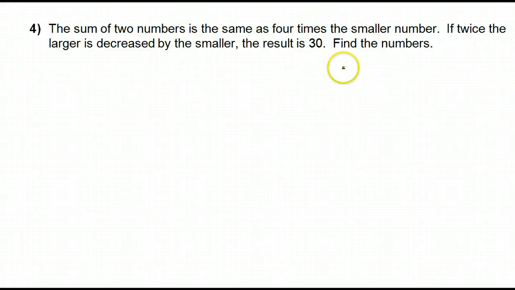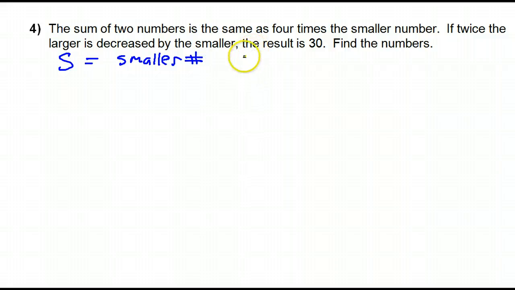I'm just going to use L and S. Let's keep it real. Okay, so I'm going to let S equal the smaller number, and I'm going to let L be the larger number. Big shocker.